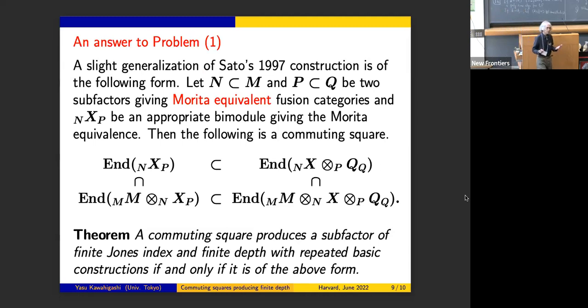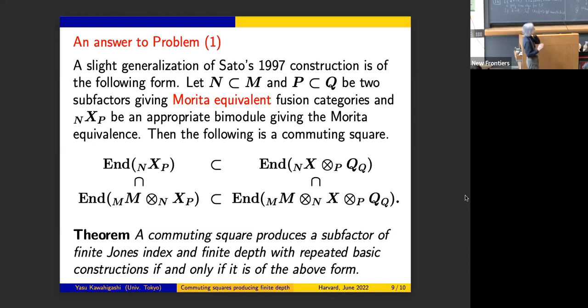If we start with N in M, a subfactor of finite index and finite depth, we produce a fusion category of NN bimodules. And also, we get the fusion category of MM bimodules. So from a single subfactor, we automatically get two fusion categories. And they are related to each other in some sense, and we say that they are Morita equivalent.